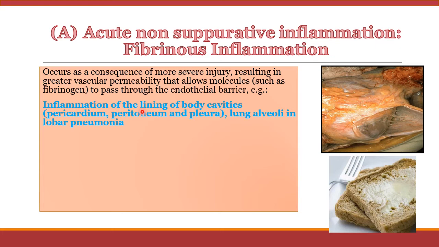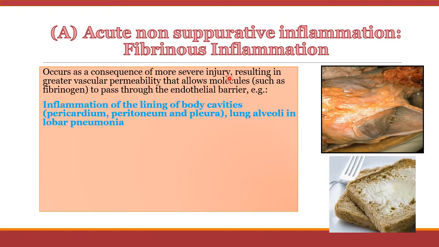We can also see fibrinous inflammation inside the lung alveoli in cases of the inflammation of the lung, which is called pneumonia. So let's try to explore the gross and microscopic features of one of the examples of fibrinous inflammation, which is fibrinous pericarditis.